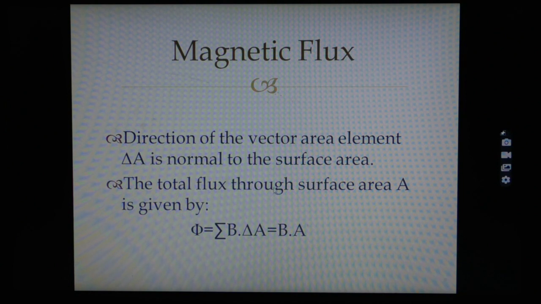So we add all of them, then this gives you sigma B dot delta A, which is equal to B dot A. So that gives you BA cos theta, where what is theta?